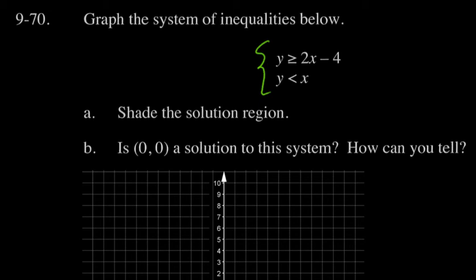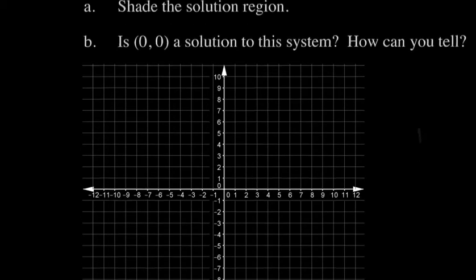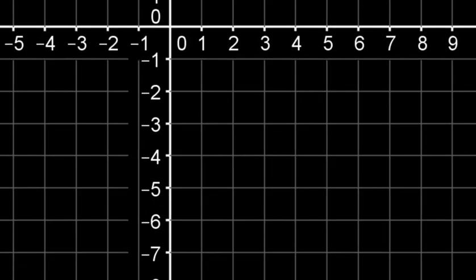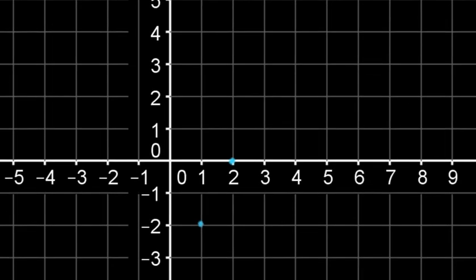So let's start with the first equation, and I'll do this one in this light blue color here. We're going to start at -4, and we have a slope of 2. So at -4, here's our first point, and then I'm going to go up 2 over 1, up 2 over 1, up 2 over 1.